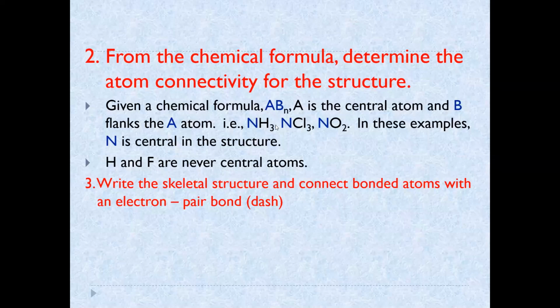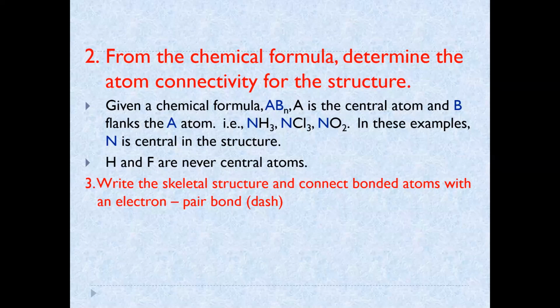Like NH3: N is the central atom surrounded by 3 hydrogen atoms. NCl3, N is the central atom surrounded by 3 chlorine atoms. NO2, N is the central atom surrounded by 2 oxygen atoms. And always remember that hydrogen and fluorine can never be central atoms.